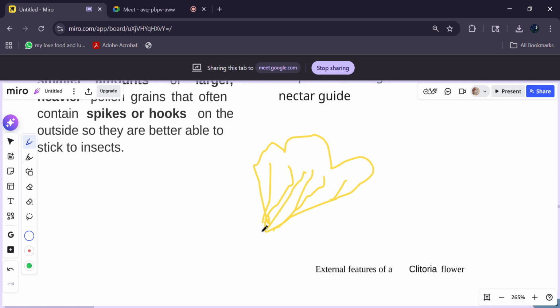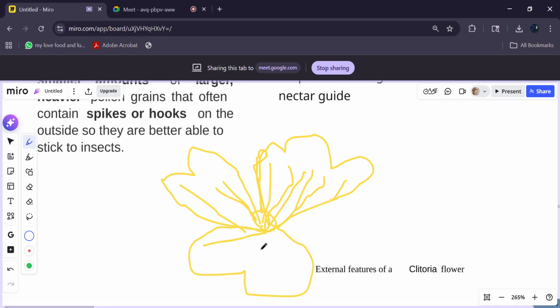They guide the insect to the center of the plant to show where exactly the nectar is so that it can collect the nectar in the plants.